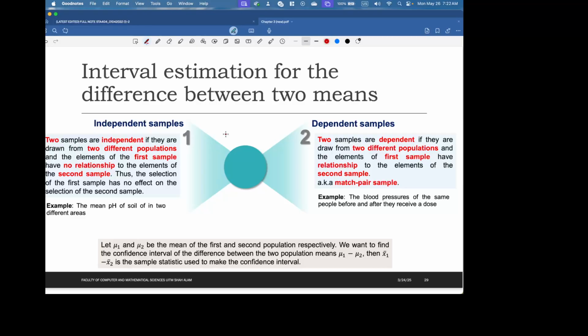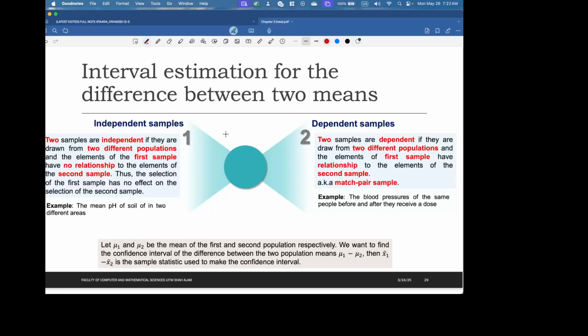Okay, so let's take a look at the definition. Two samples are independent if they are drawn from two different populations and the elements of the first sample have no relationship to the elements of the second sample. So suppose that you are taking the first sample from FSG students and the second sample from Archis students. So Archis and FSG are two different populations.